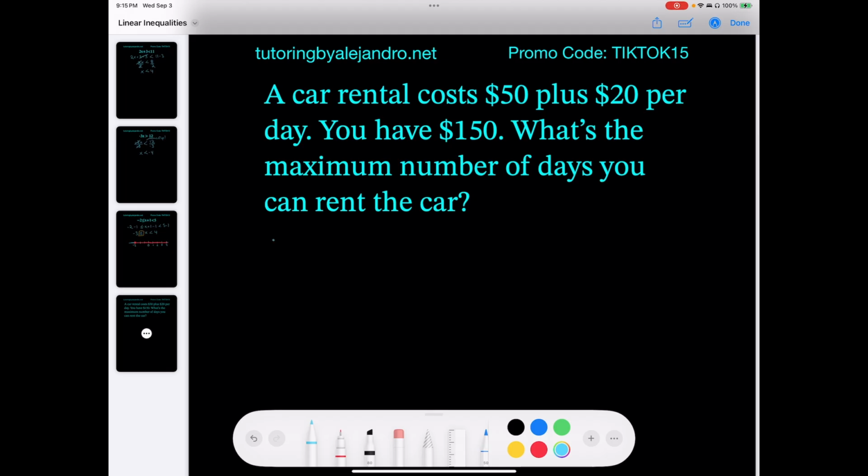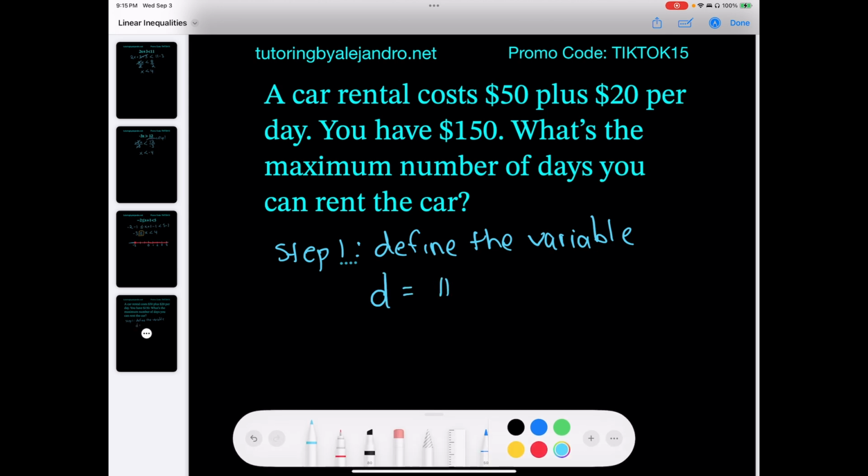So we have step one, we're going to define the variable. In this case, we're talking about number of days. So we're going to say D is going to be equal to the number of days.